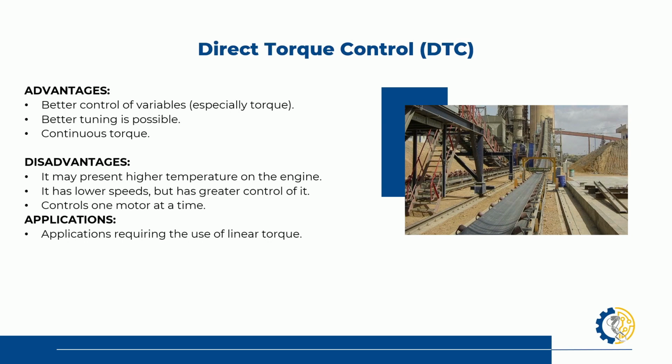Well, just the ones that we need for linear torque. For example, this conveyor belt, which is huge, and over the conveyor belt, we're going to have handheld or any devices, because it needs continuous torque.